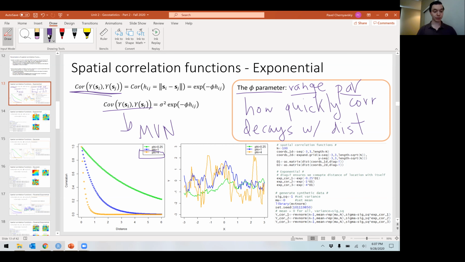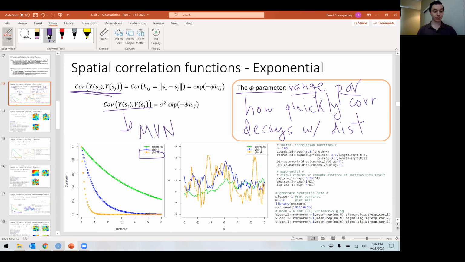Now, our intuition about this range parameter depends on exactly how that correlation function is written. If it's written like this, then as phi becomes larger, so does the correlation. As phi becomes smaller, the spatial correlation grows.